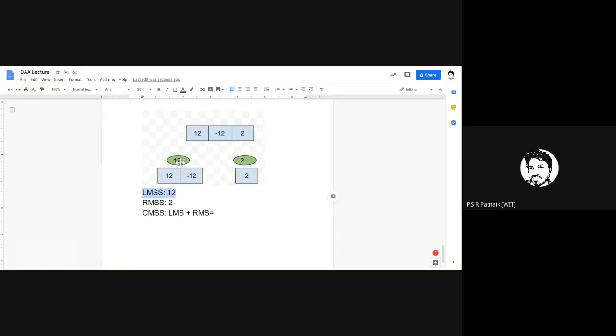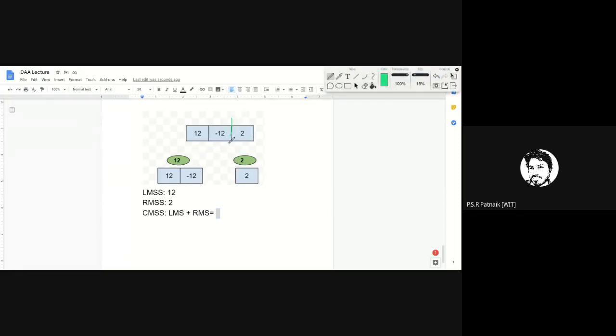I got it from my subproblem. So I need to find the center maximum sum subarray, which is nothing but left maximum plus right maximum. When you want to calculate left maximum and right maximum, you have to do the following. Let me clear everything.